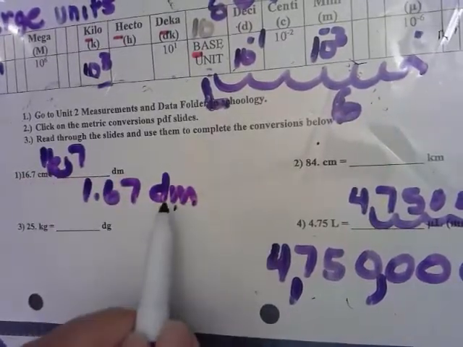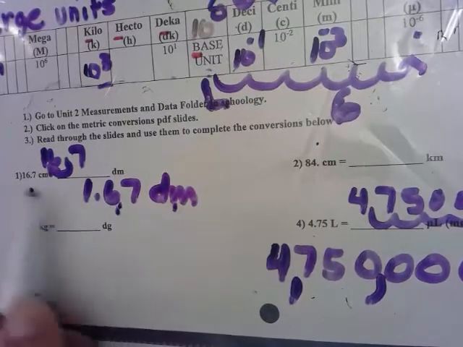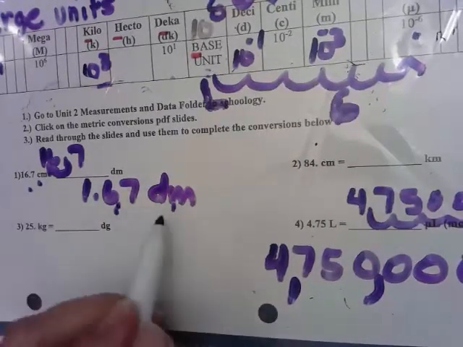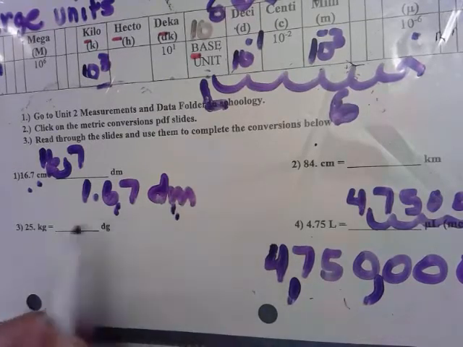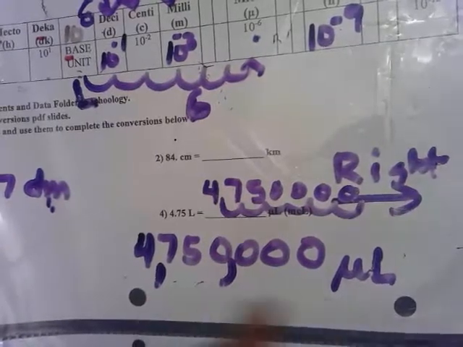A bigger unit has a smaller number. See how the 1.67 is smaller than 16? You're going to have a bigger unit with a smaller number. When you have a smaller unit, you're going to get a bigger number.